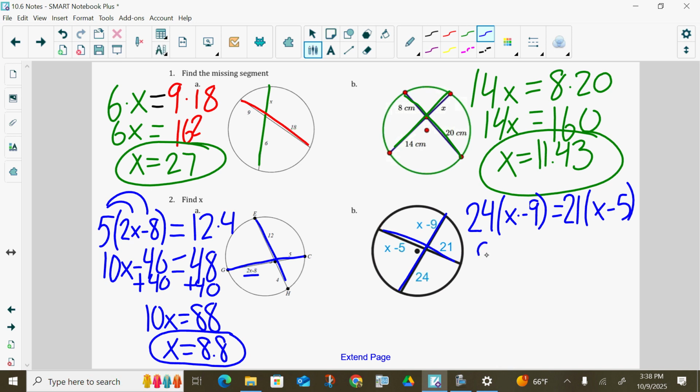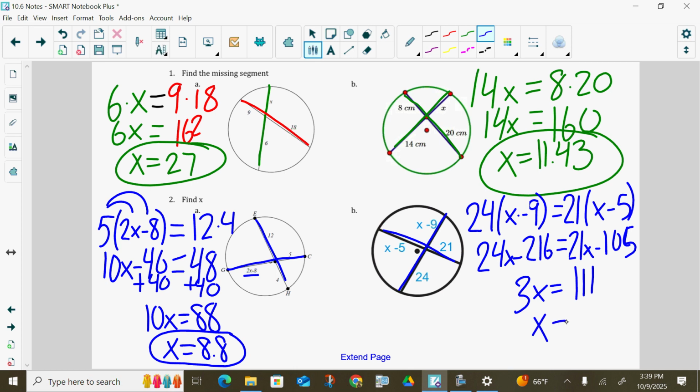So on our left side, I'll get 24x minus 216. That'll be equal to 21x minus 105. When I bring 21x over to the other side and 216 over to the other side, I'm going to wind up with 3x equals 111. I'll divide both sides by 3, and x should be 37.